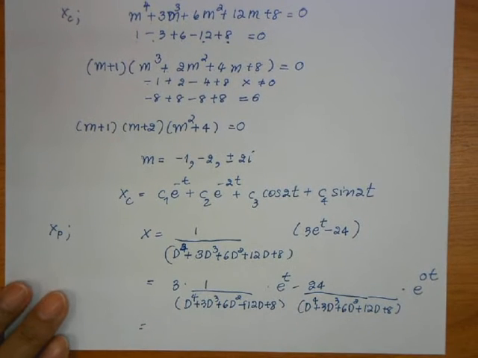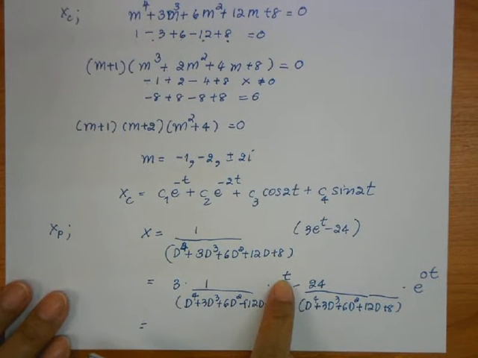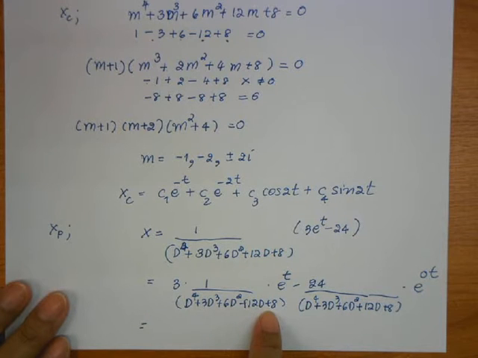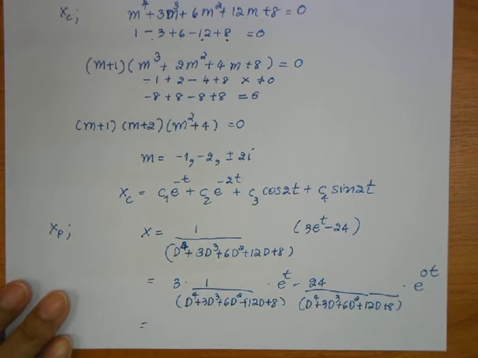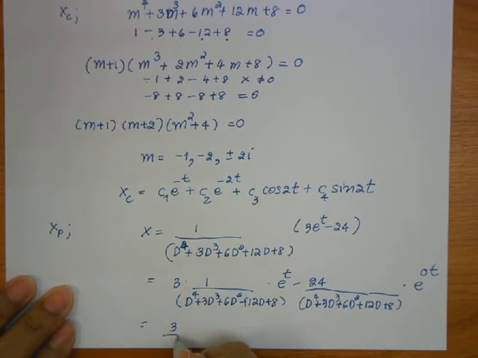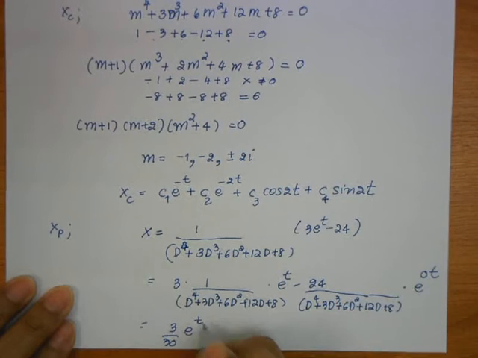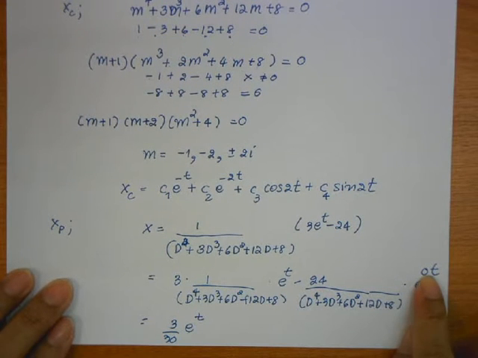Test 2. Our a is equal to 1. You put a into every term of D. So you got 1 plus 3 plus 6 plus 12 plus 8, equal to what? 30, right? So we got 3 over 30 exponential of t. And this one, a is equal to 0.